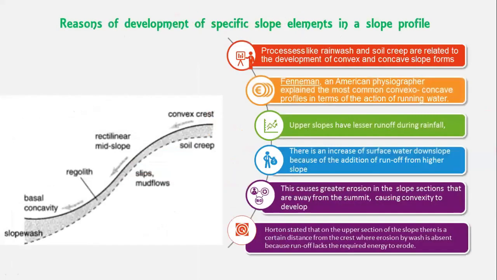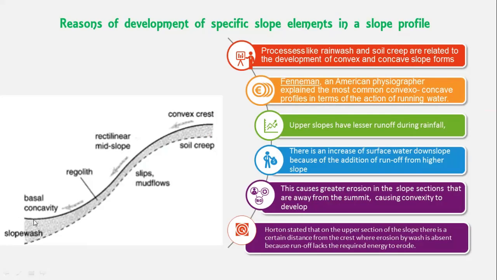So what are the reasons for the development of slope? We have seen different types of slope elements. So what are the reasons? There can be various reasons. The foremost reason is rainwash and soil creep. They are the main agents, the main factors which lead to the development of convex or concave forms.